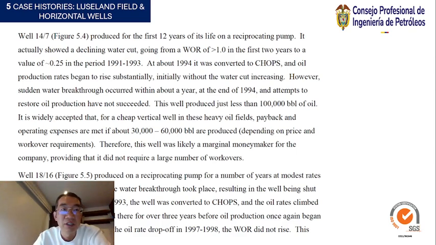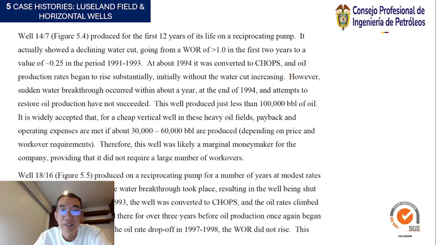Well 14.7, Figure 5.4, produced for the first 12 years of its life on a reciprocating pump. It actually showed a declining water cut, going from a WOR of above 1 in the first 2 years to a value of 0.25 in the period 1991 to 1993.